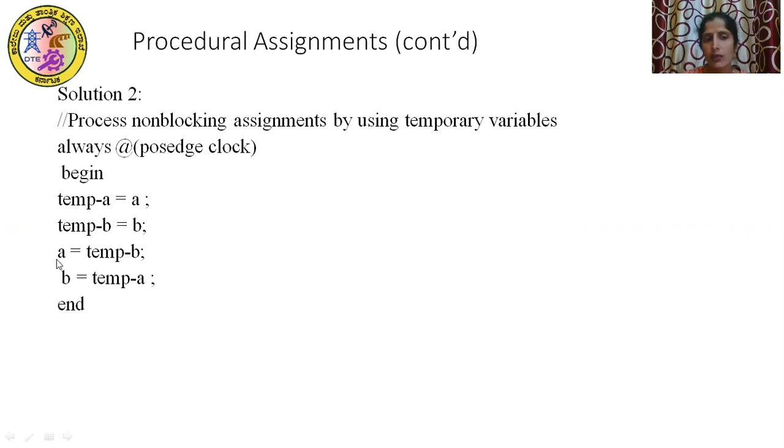In this way, we can overcome the problem of race condition, which results in improper assignment of data to the variables. So these are the two solutions to the race condition that may arise using blocking assignment statements.